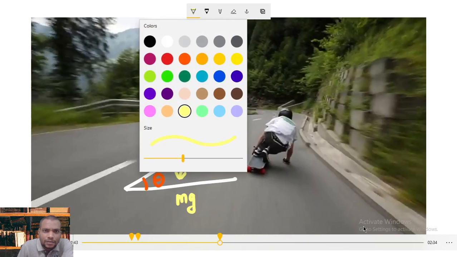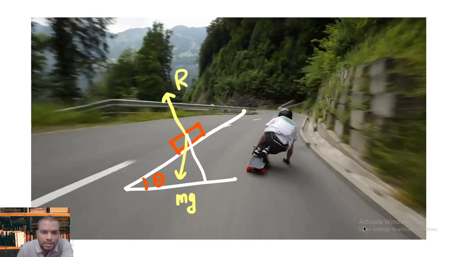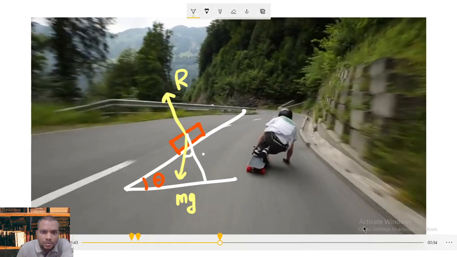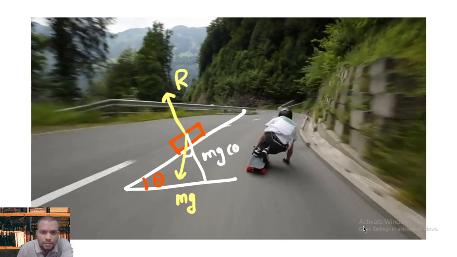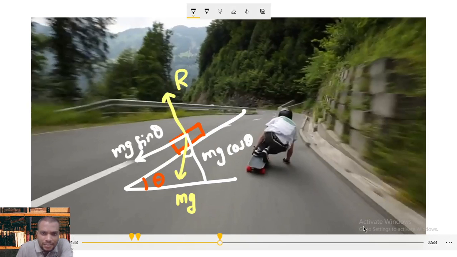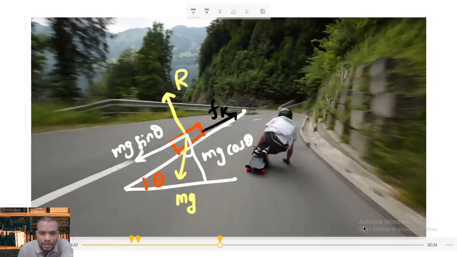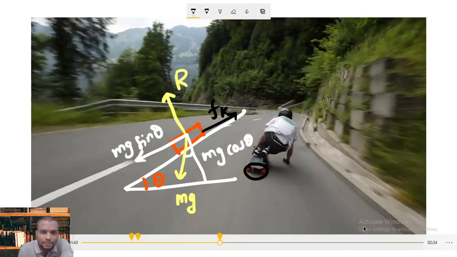Here the force mg is resolved into two components: the component perpendicular to the plane, mg cos theta, and the component along the plane, mg sin theta. And here there is a friction force acting backward, the kinetic friction, acting at the wheels.